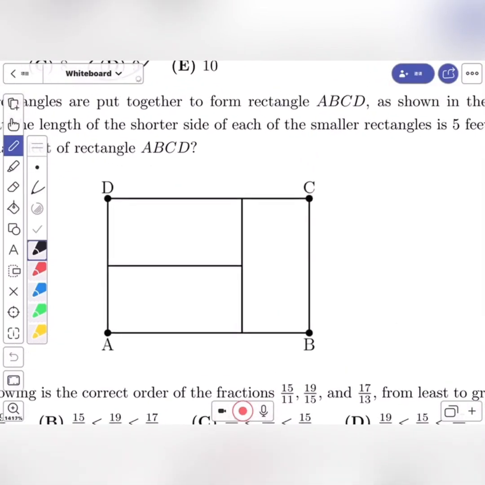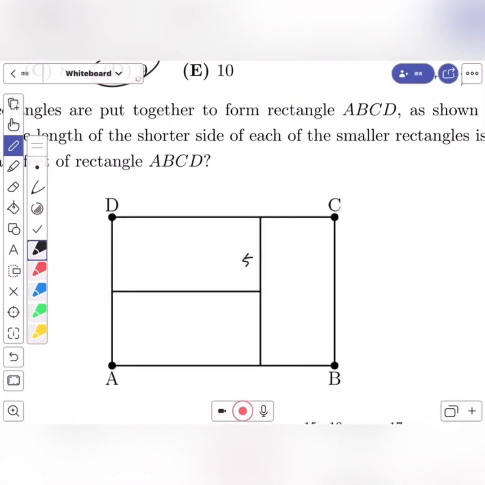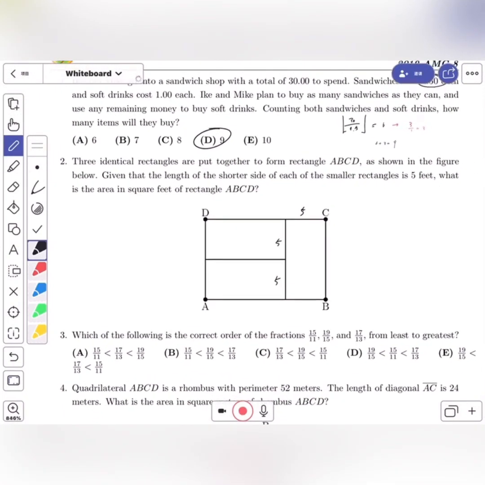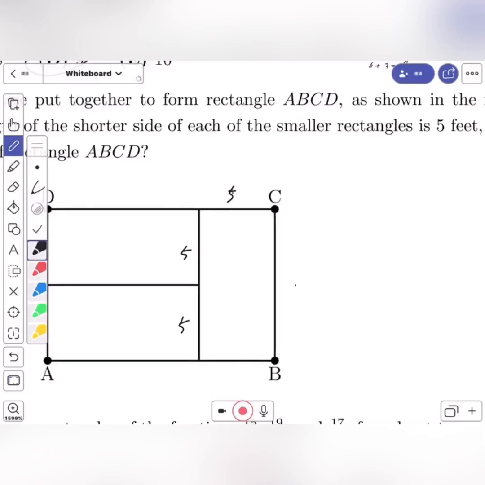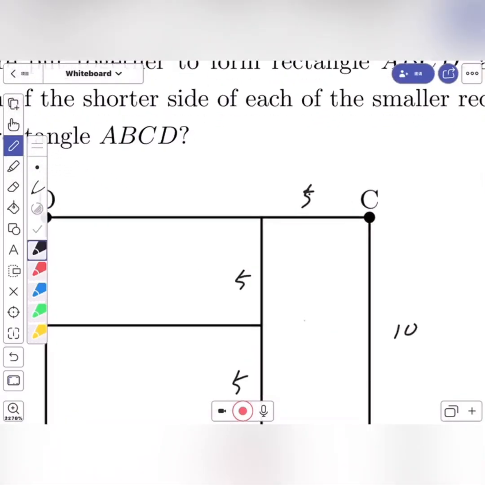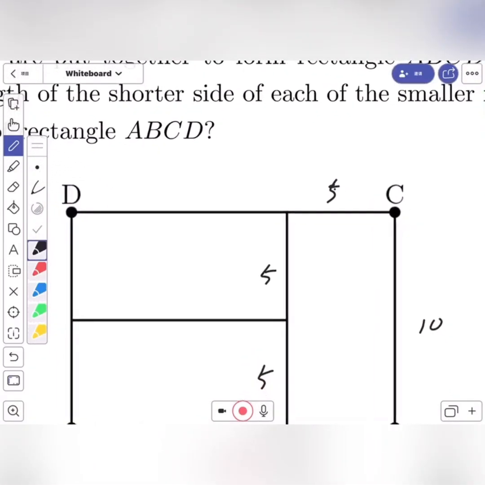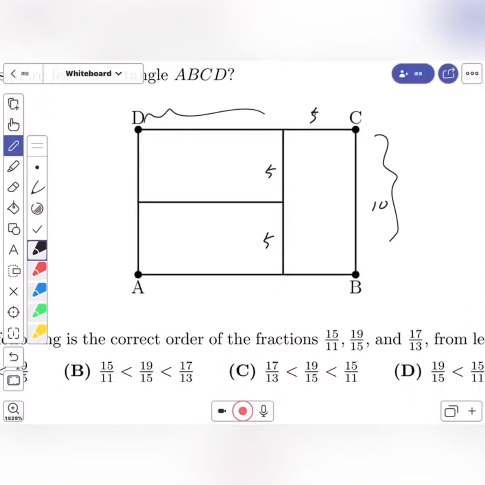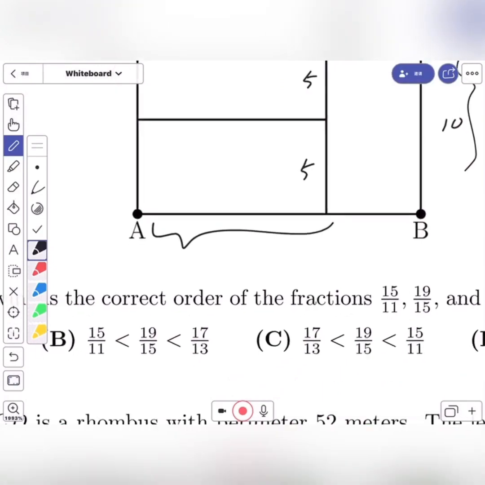Okay, so we see that this is equal to 5, this is equal to 5, and this is equal to 5 from our definition. And we also know that these are 3 identical rectangles. So this basically means that this one is equal to 10. And because this one is equal to 10, and we know that this length is equal to this length, and it's also equal to this length, which all have the length 10.